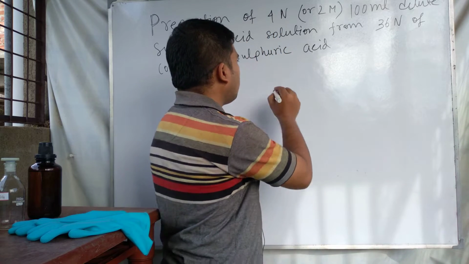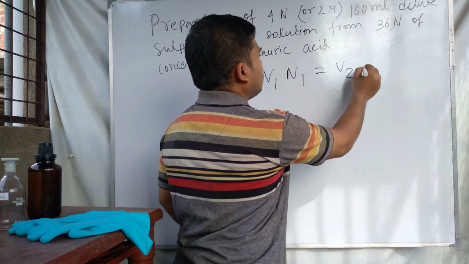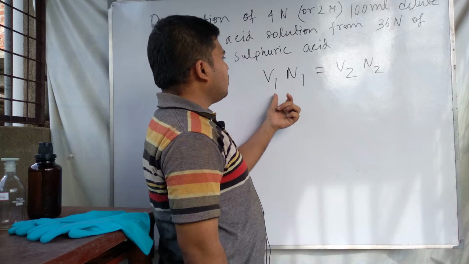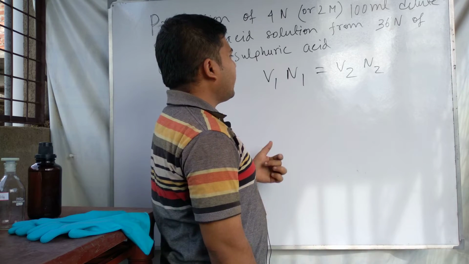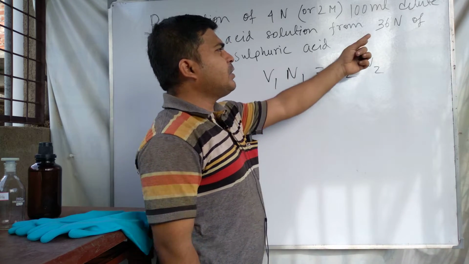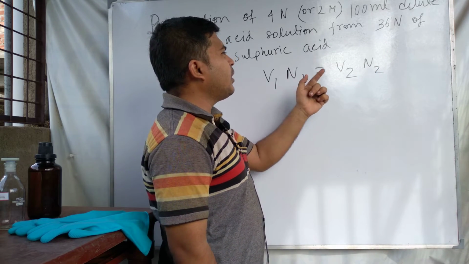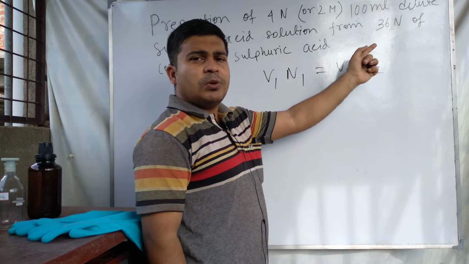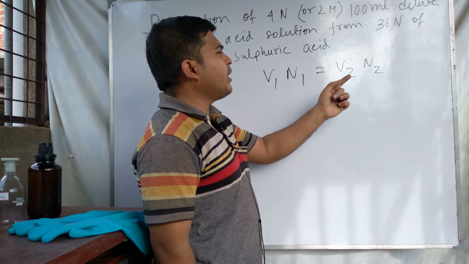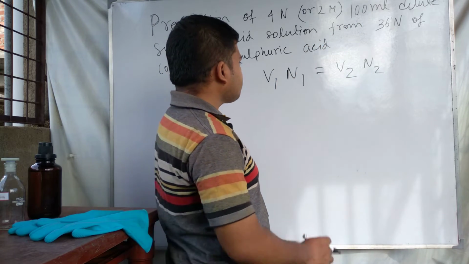The calculation formula is V1N1 = V2N2. By using this formula we can calculate the volume of concentrated sulfuric acid, that is 36 normal sulfuric acid, required to make 100 ml dilute sulfuric acid solution.